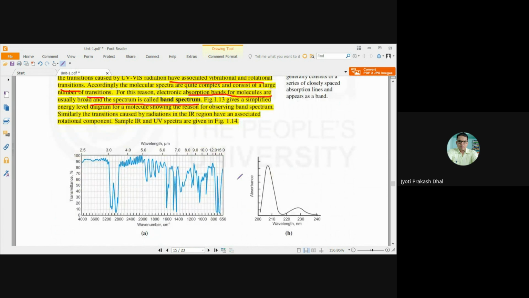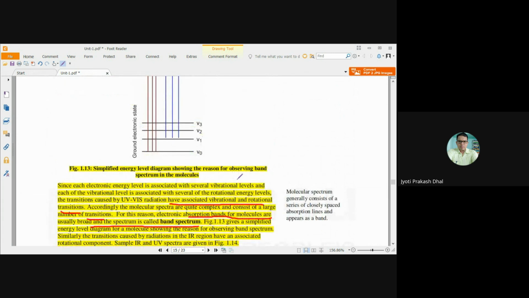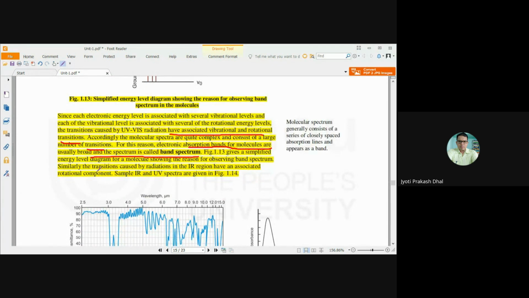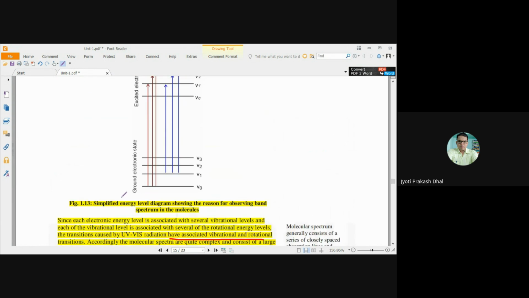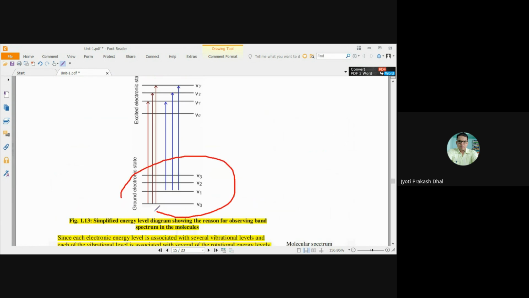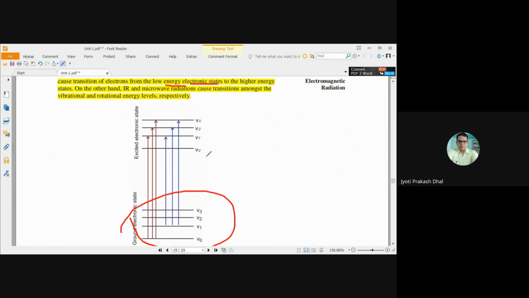So here, figure 1.13 gives a simplified energy level diagram for a molecule showing the region of observing band spectrum. And similarly, the transition caused by radiation of a higher region has an associated rotational spectrum component also. So this is the ground electronic state, and this is the first excited electronic state.